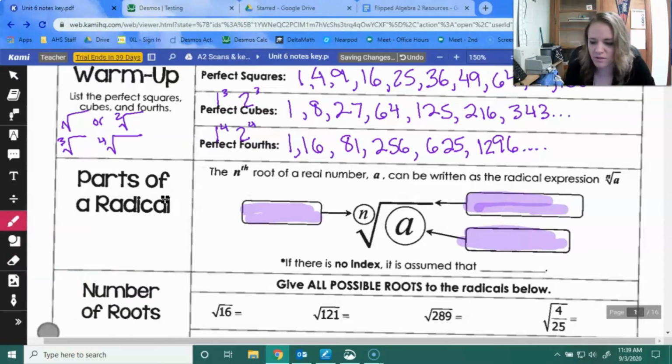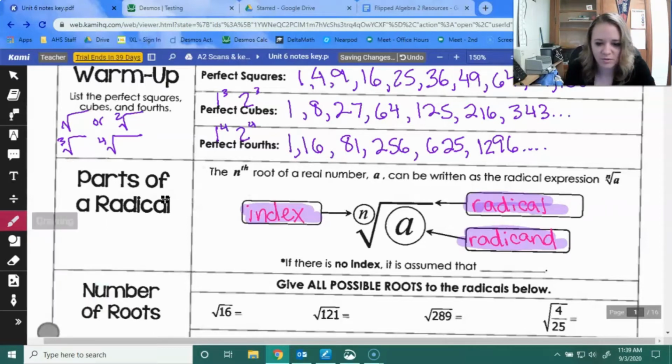This is called the index, or the nth root, and you just replace n with whatever number you want. A is written under here, and it is called the radicand. And then up here is, of course, your radical. This is the radical symbol.